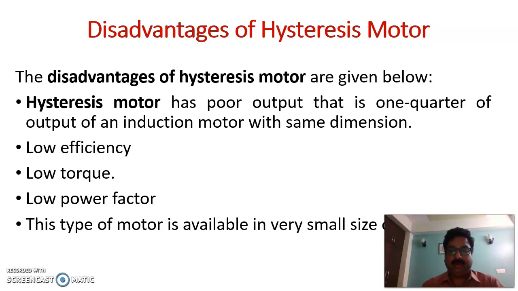The overall torque is also low. Another disadvantage is that it has a low power factor. One more disadvantage is that it is available only in very small sizes. So size is a limitation, and power rating and size are limitations for this machine.